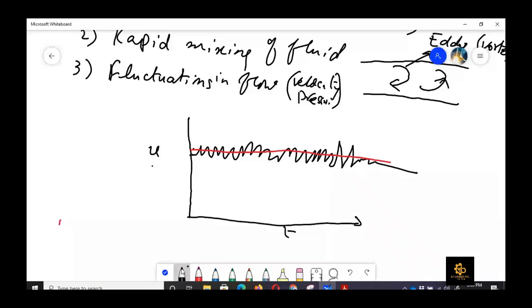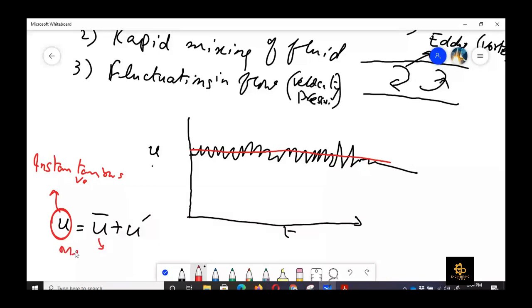We can say that an instantaneous velocity has two components: one is the mean value and one is the fluctuating component. Let me write it. This is the instantaneous velocity. This is the mean velocity.